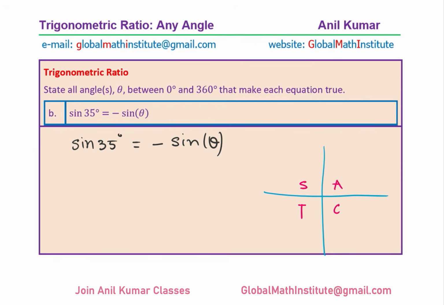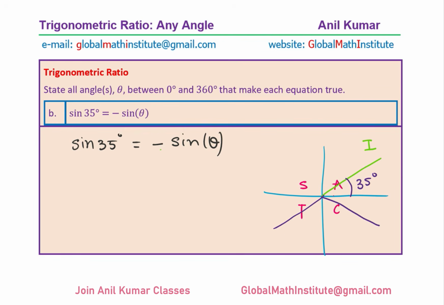Sine 35 means we are in quadrant 1. Sine is positive. We need sine theta to be negative so that negative becomes positive. You get the idea. So, therefore, we should have the angle which should be either in quadrant 3 or in quadrant 4. This related acute angle 35 degrees is given to us.